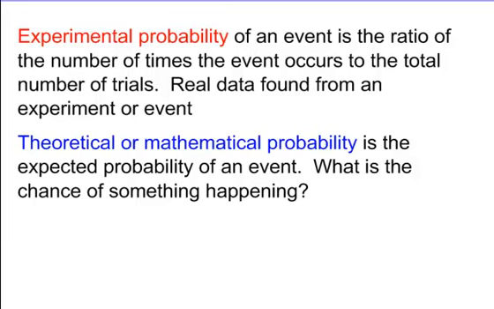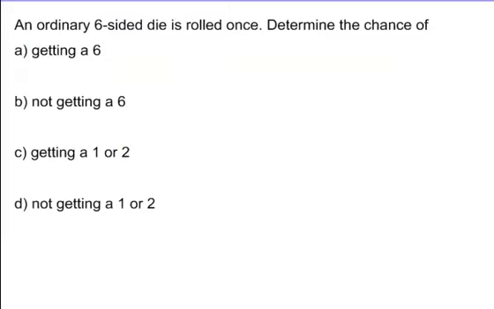We have to take into account that theoretical probability is the idea of what we think is going to happen, or the chances of what's going to happen, and experimental probability is what actually does happen.